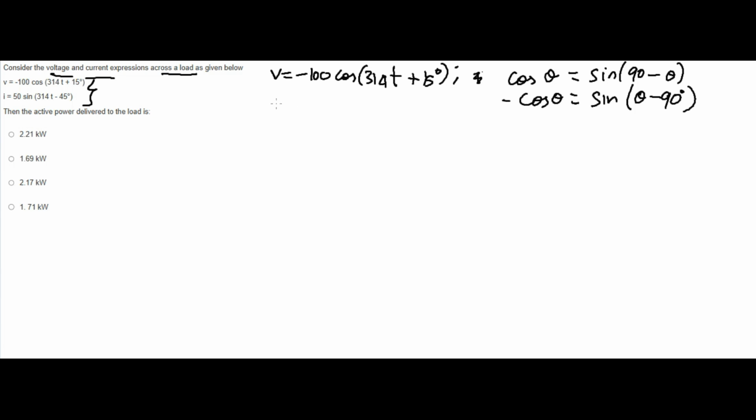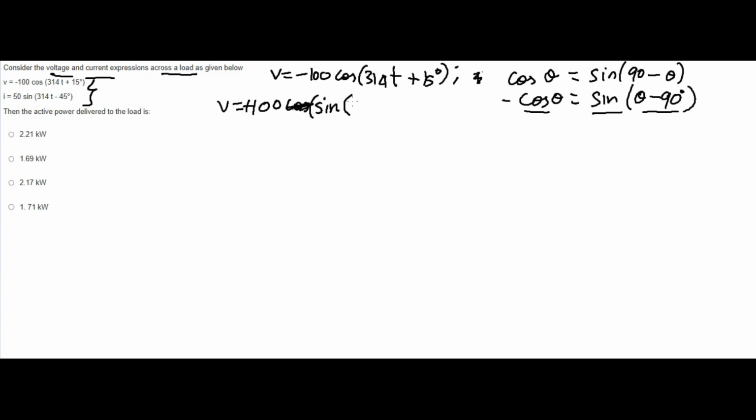So the above equation you can write in the form V is equal to minus 100 cos of 314t plus 15. Minus 100 cos I'm going to write in the form of sine of theta minus 90, so the minus becomes a plus, and then sine of theta minus 90.